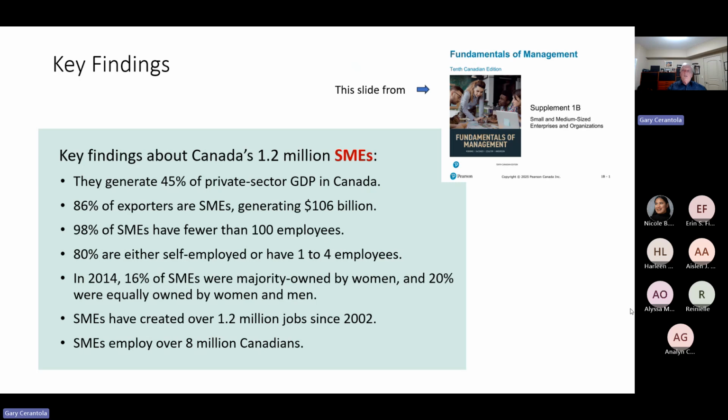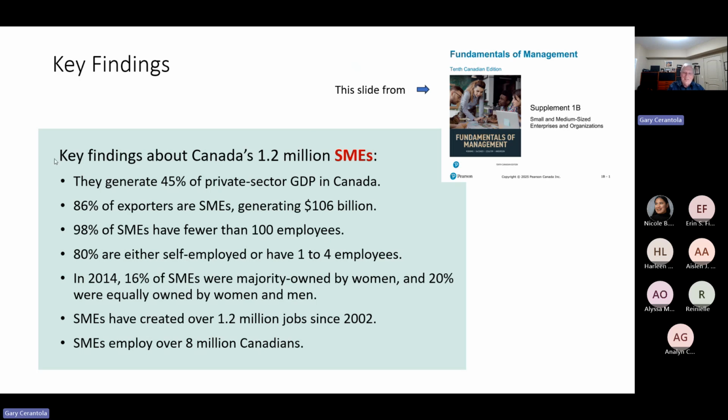So what to understand is that, by the way, this slide I pulled right out of Fundamentals of Management Supplement 1B. Canada has a preponderance of small and medium enterprises. And understand this term SME, because sometimes the questions in the test will say SME, and if you don't understand that it's small and medium enterprise, you may not be able to answer the question.